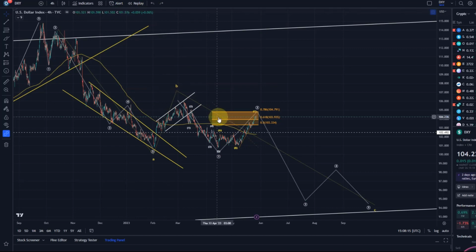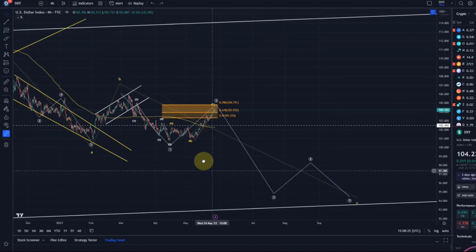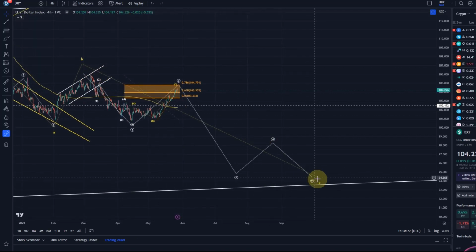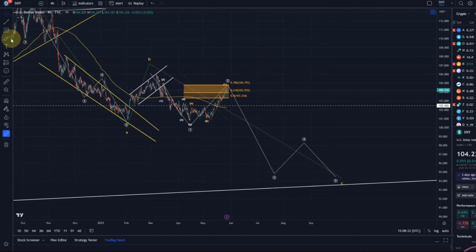Now, I can count the move down from this swing high in March as a 5-wave move. Not clearly, but it's okay. It works. So the idea would be that we then started a C wave down that could take the DXY down into the low $90 region. That would be here, wave 1 down, and then A, B, C to the upside in a wave 2.